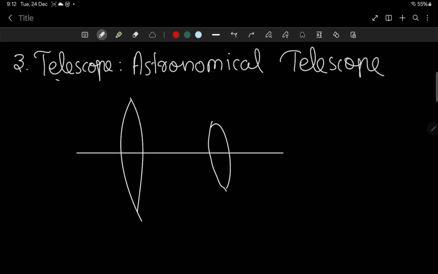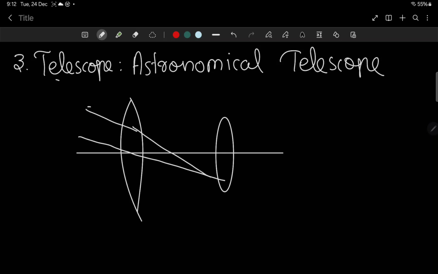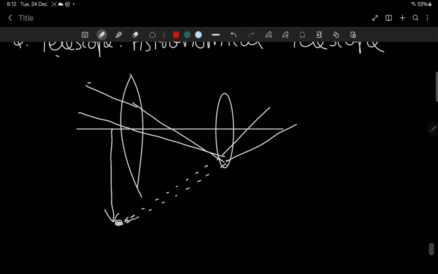I'll draw it like this. The rays will be going like this, now going like this. Now you can extend it, and you get an enlarged image. This is the setup. The big lens is the objective, and the small lens is the eyepiece.